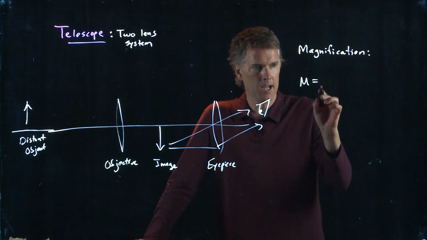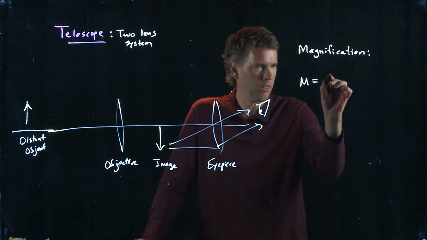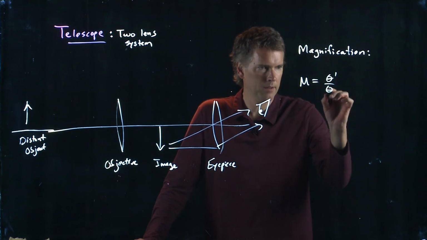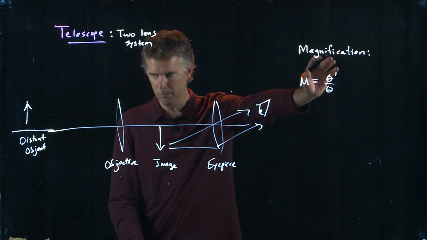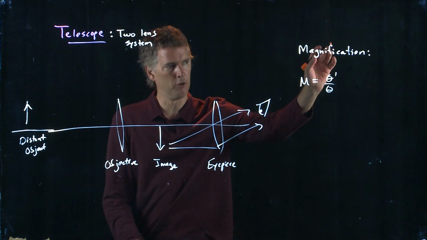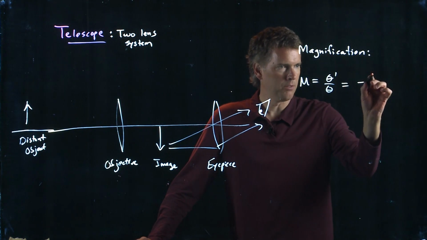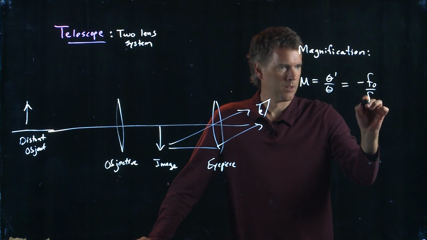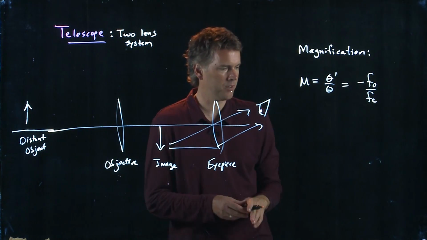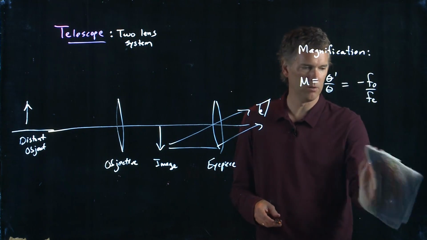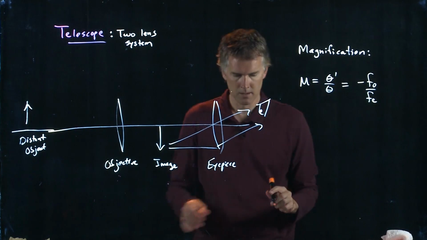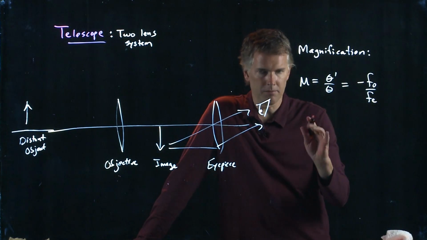M is again given by theta prime over theta. What is the angular magnification with the telescope versus without the telescope? And in the telescope case, it becomes this, negative FO over FE. The negative sign just means it's upside down.